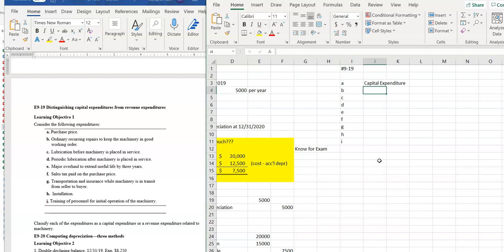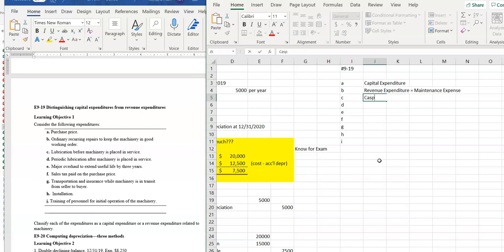All right, ordinary recurring repairs to keep the machinery in good working order. That is a revenue expenditure. It would be like maintenance expense. See, lubrication before machinery is placed in service.